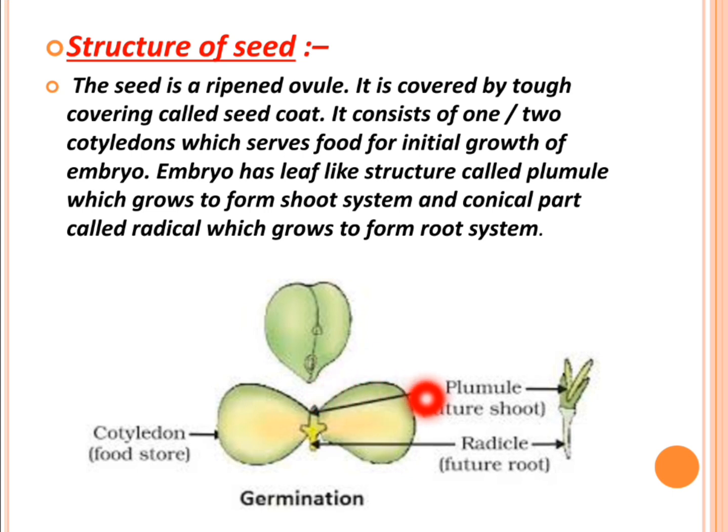This embryo has a leaf-like structure called the plumule, which represents the future shoot of the plant and grows to form the shoot system. The conical part of this embryo is called the radicle, which grows to form the root system. So this is about the structure of seed.